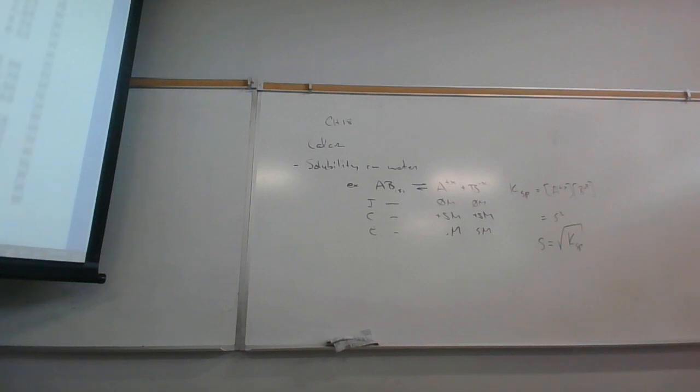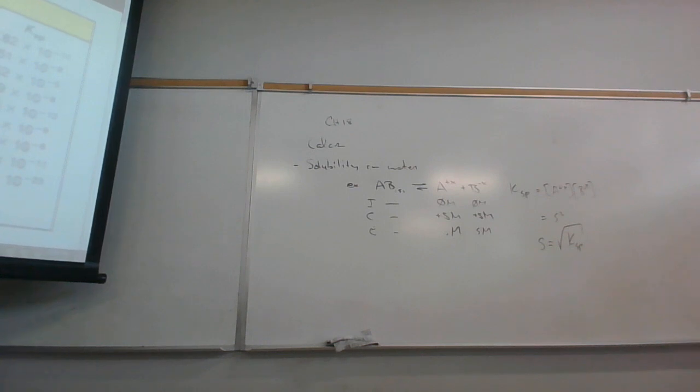Since silver chloride, AgCl, it's not on here. Surprise. I'll pull out the one from our book, but it'll take a little bit of time. So here we have the KSP value, so all I have to do is take the square root of that, and I'll have the solubility.